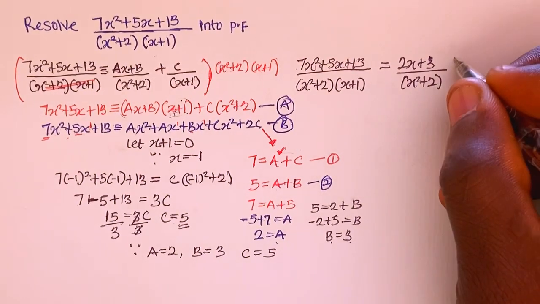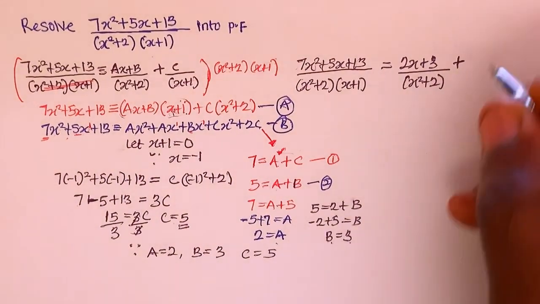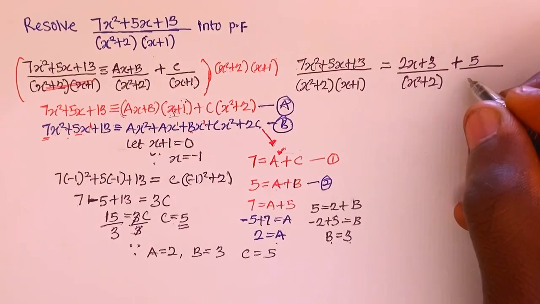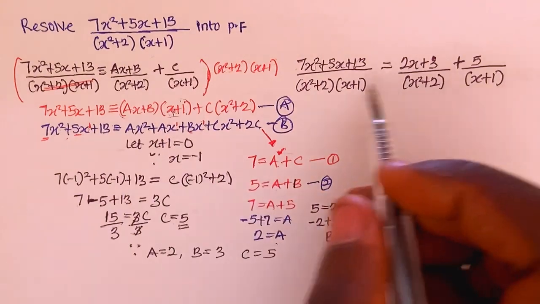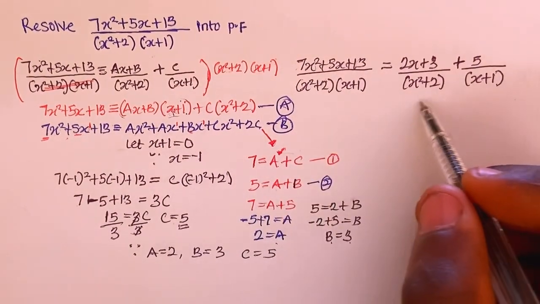Then the other one, C, is 5, that's 5 divided by x plus 1. So you show that the expression to this partial fraction is everything here.